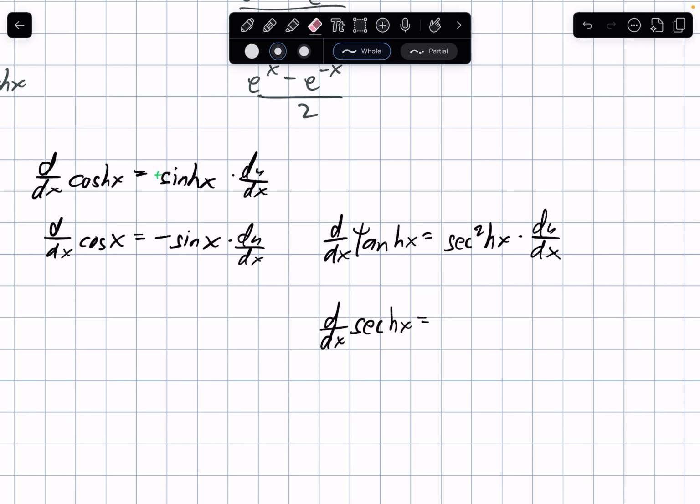Okay. So, it's supposed to be like this. The derivative of sech x is negative tanh x sech x times du over dx.